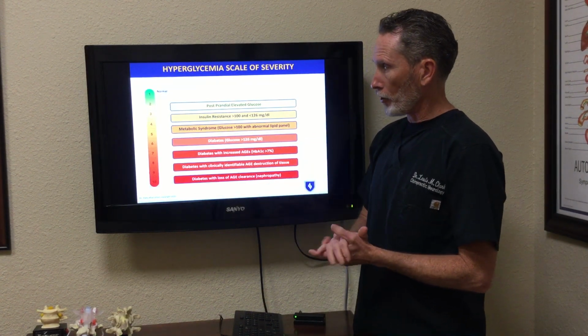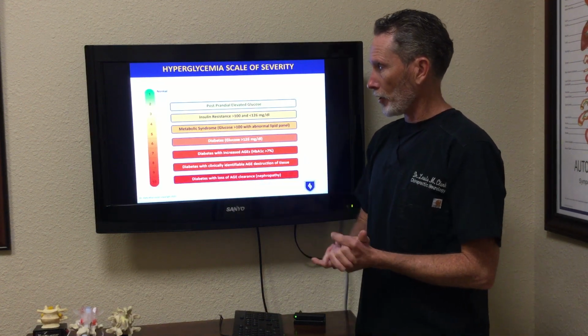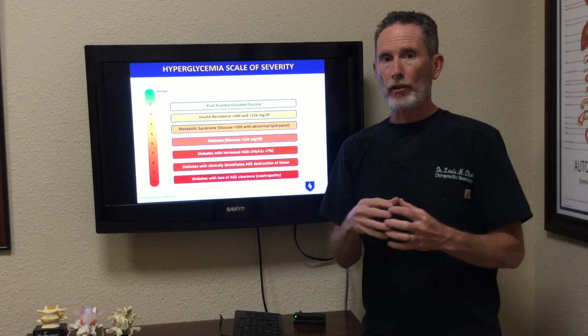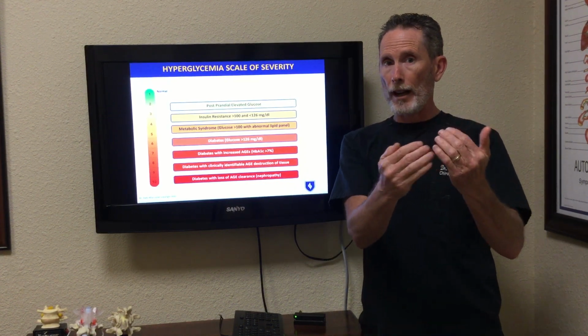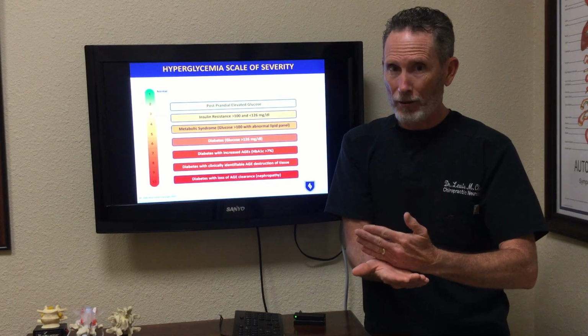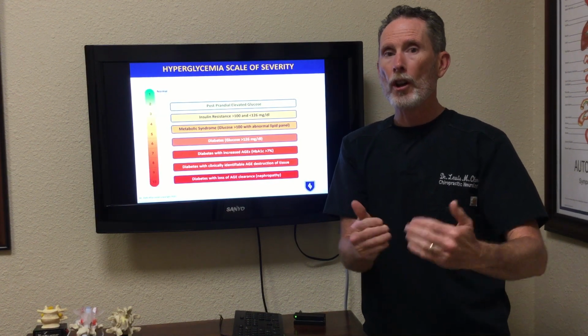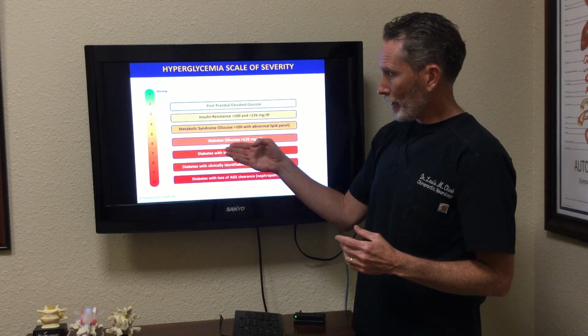And then the next progression, which we see a lot of, is metabolic syndrome. This is where not only is your insulin level high and your blood sugar high, but your lipids, that means your triglycerides and your cholesterols, are also going high. And then we move into the diabetic level.